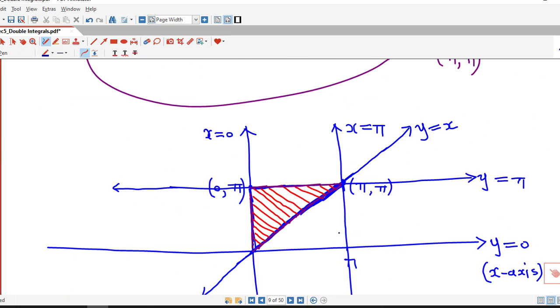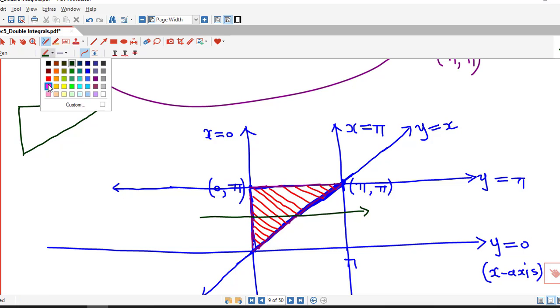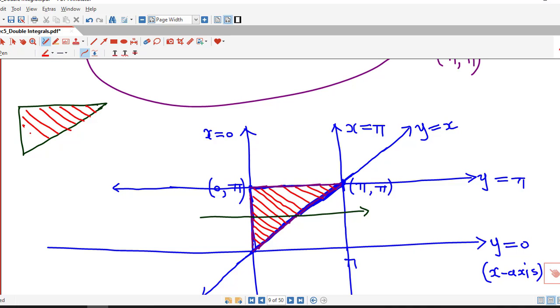So now we consider horizontal line passing through the region of integration, and we see what we obtain. We can consider horizontal line in any part of the region. There is no problem here, because if we consider horizontal line in any part of region of integration, this is our region of integration, and we are considering horizontal line passing through the region.